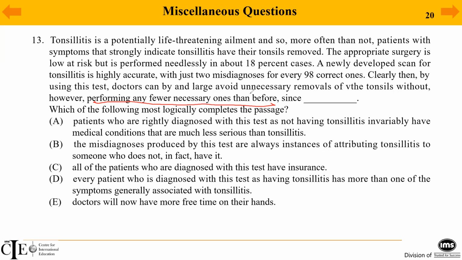That is the major point here. So we have to reinforce this, that they are doing it correctly. So this test is a good one to avoid the unnecessary removals. Why? Give a reason for it.